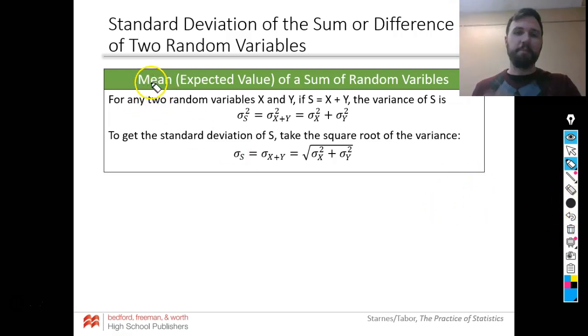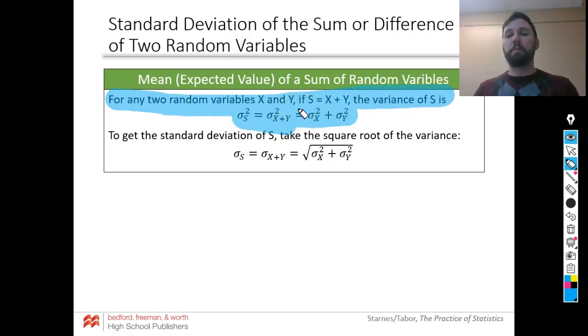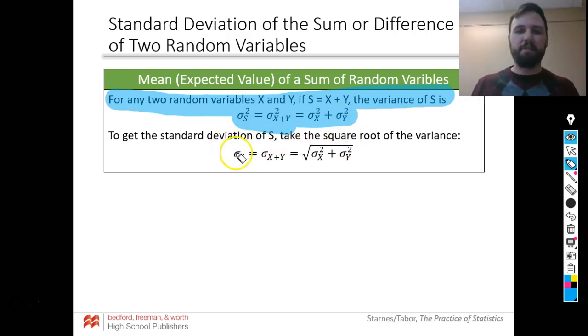All right. So the variance of the combined random variables x and y: we take the standard deviation of one and square it, and we add the standard deviation of the other squared.